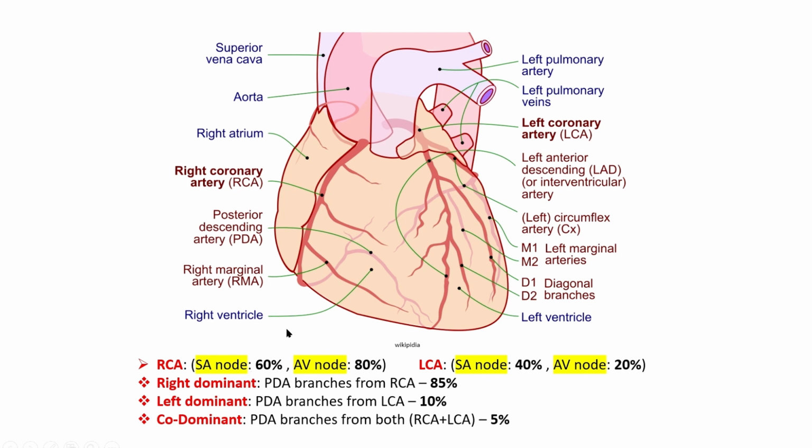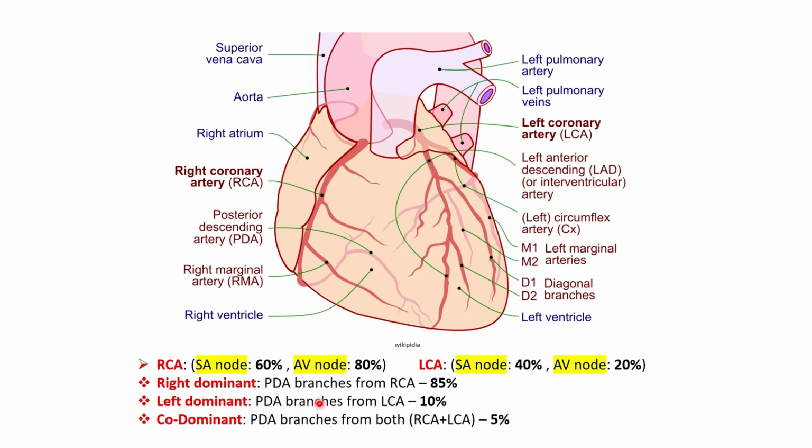And now we have something else: is the patient right dominant, left dominant, or codominant? You might have heard of this. The main thing that determines whether the patient is right, left, or co is to look at the posterior descending artery. This artery that's here. If the posterior descending artery branches off the right coronary artery, then we call it right dominant.